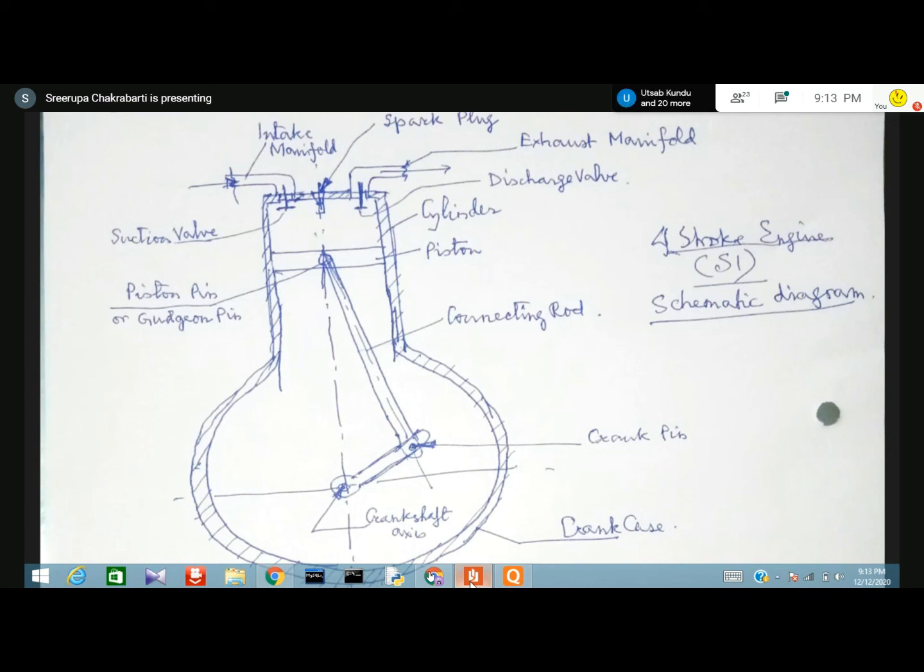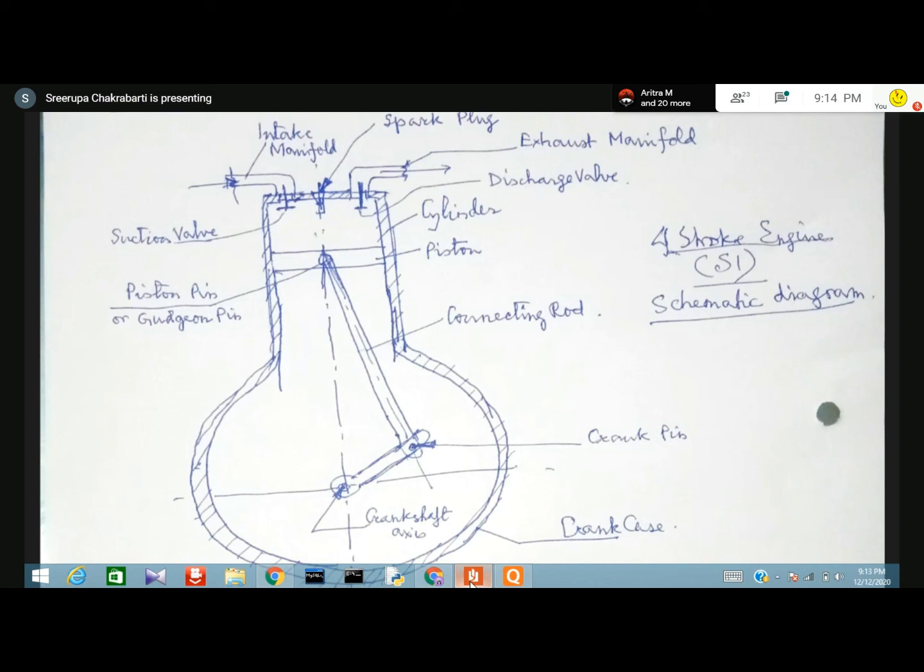We do not want the entire amount of heat to be liberated at a particular instant. The pressure rise during combustion with respect to time, dp/dt, should be continuous.